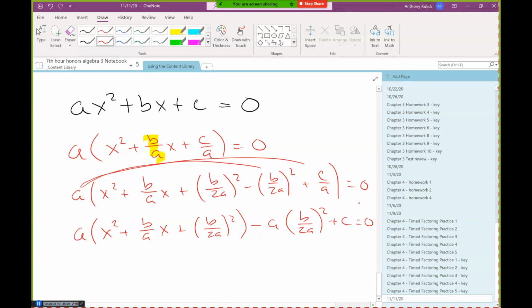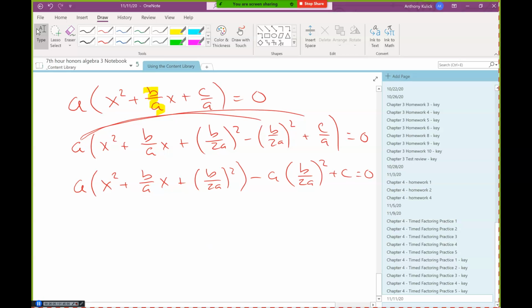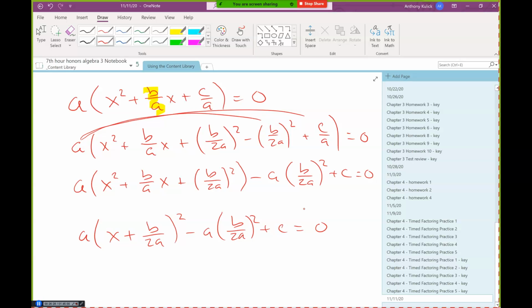So that x squared plus b over a x plus b over 2a squared factors, it's always going to factor the same way, into x plus b over 2a squared. Okay with that? So we're basically done with the completing the square part.